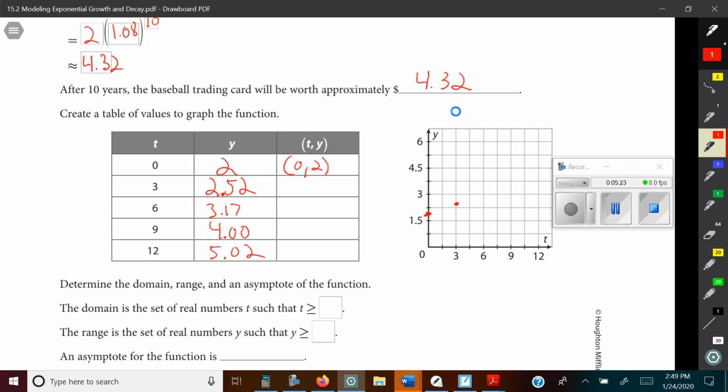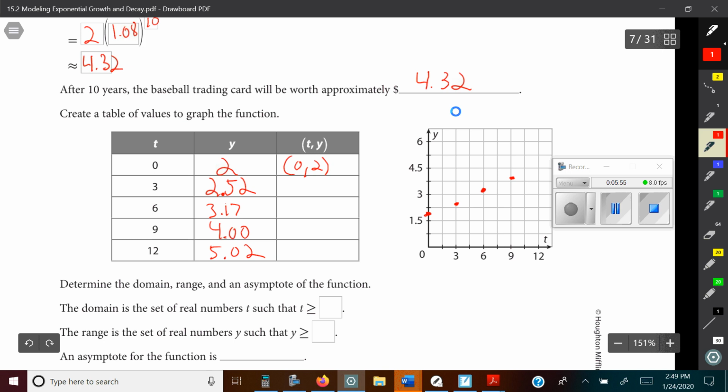Then go over to 6, and 6 is, oh, 6 is not 4, 6 is 3.17. 9 is 4, which is a little closer up here, right in here.